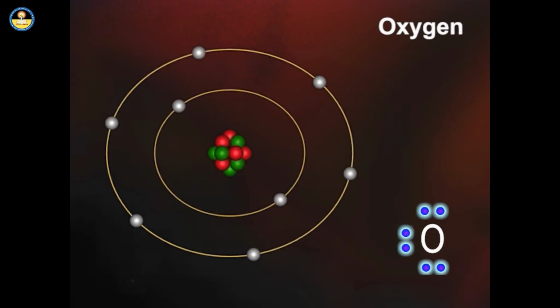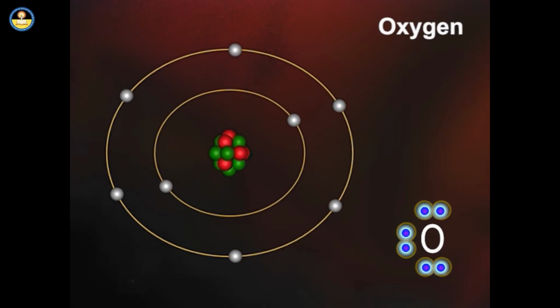Similarly, oxygen having 6 electrons in its outermost shell is represented as 6 dots around the symbol of oxygen. We represent an oxygen atom as shown on screen.